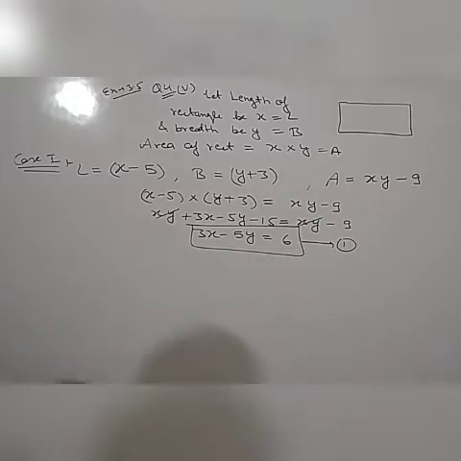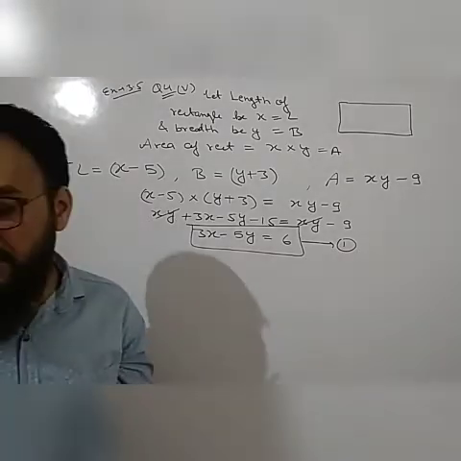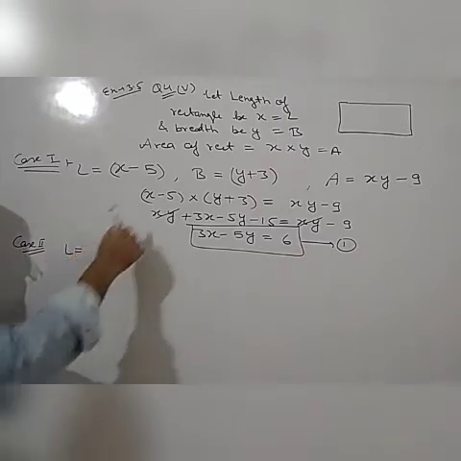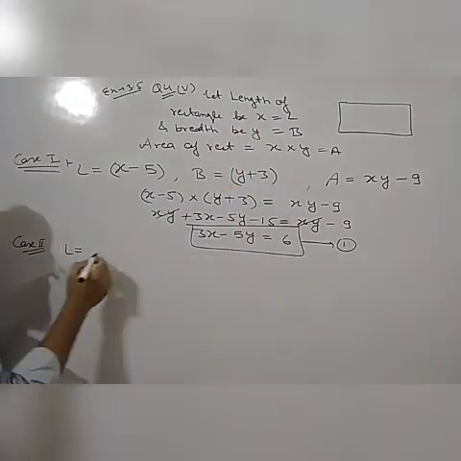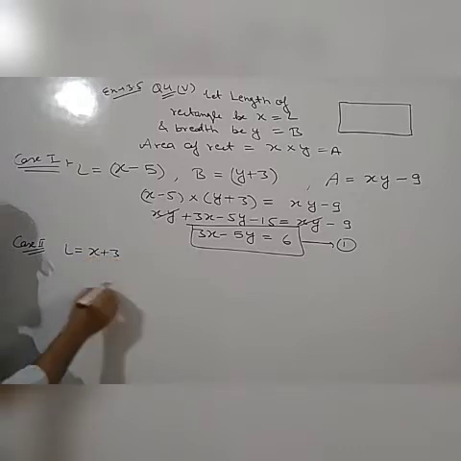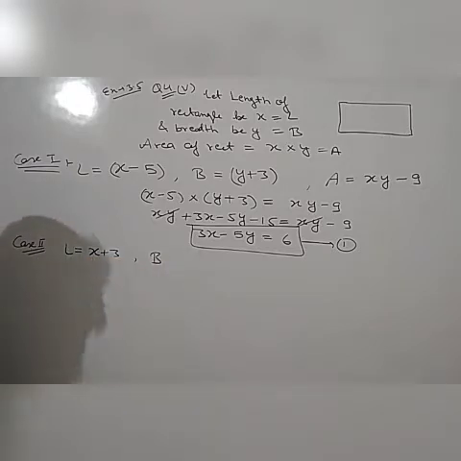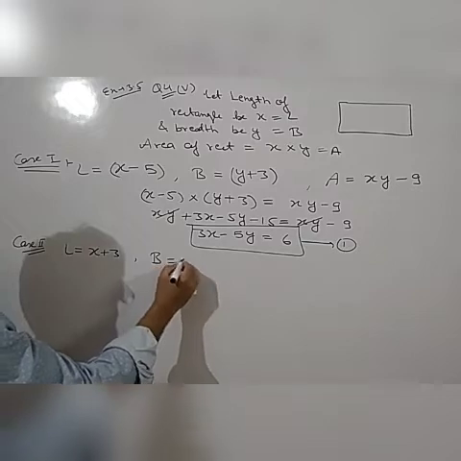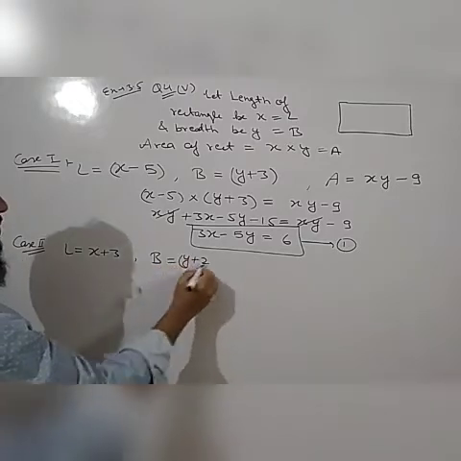Now what is given in the second case? It is given that if we increase the length by 3 units, so now what is the length? Initial length was x, now it is increased by 3 units, so L is equal to x plus 3. And if we increase the length by 3 units and the breadth by 2 units, it means B will be equal to y plus 2.